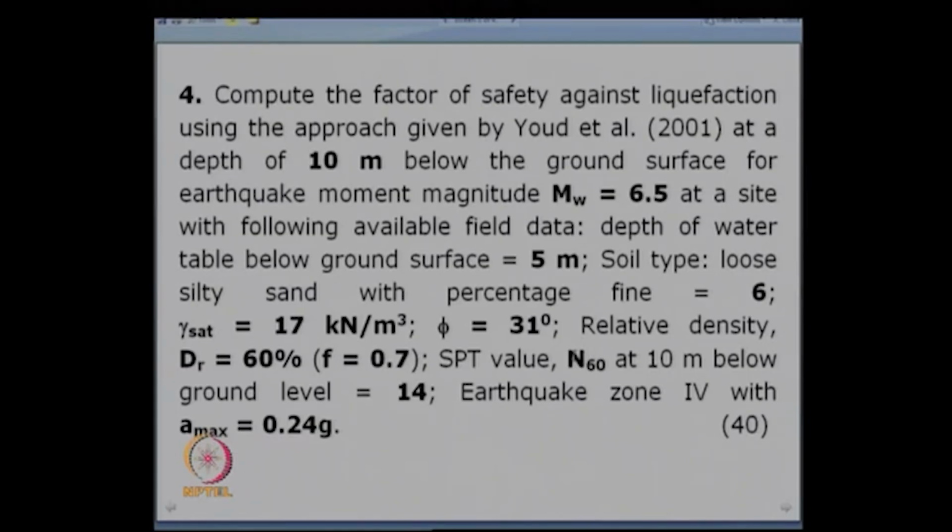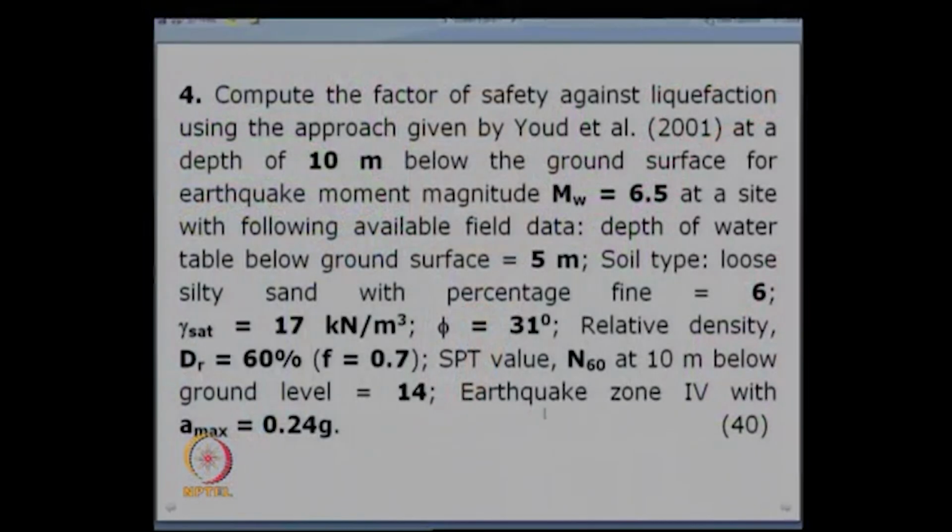So, we need not carry out any energy correction for this value of N60, which is given to us in this question paper. So, N60 at 10 meter depth below the ground level is set as 14.